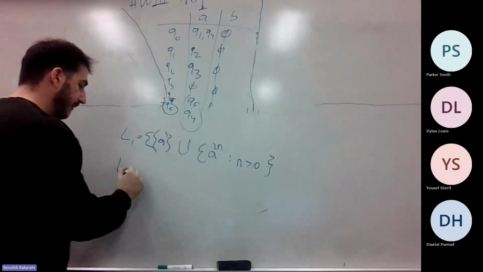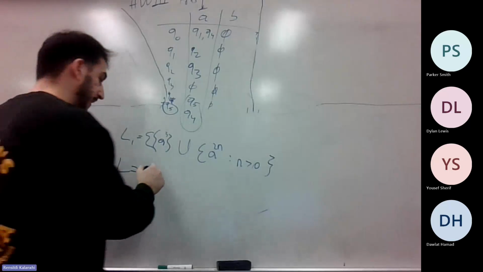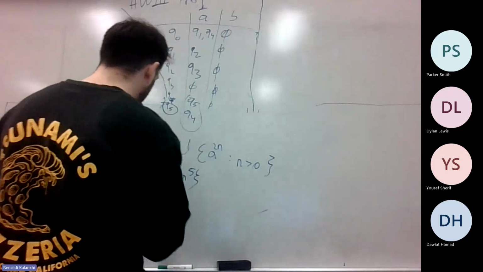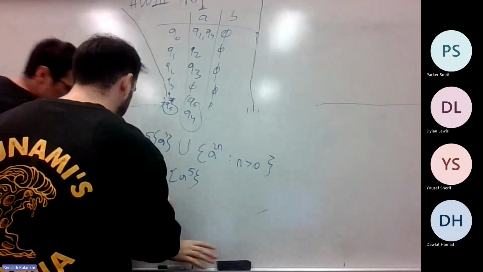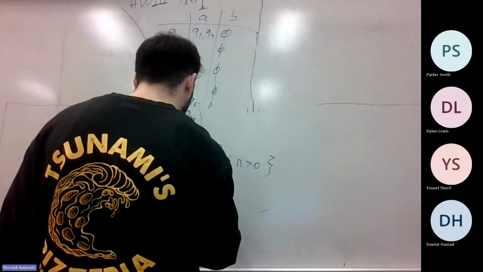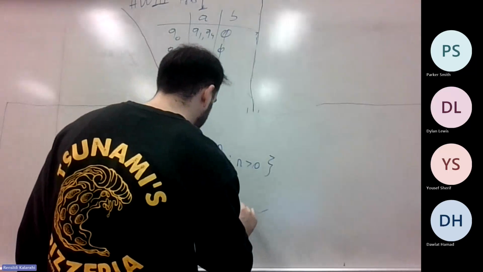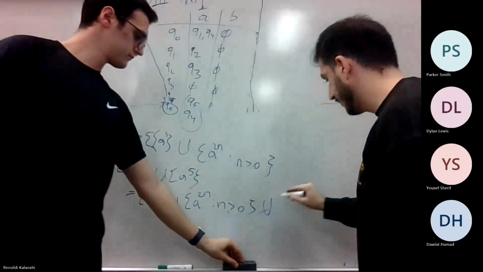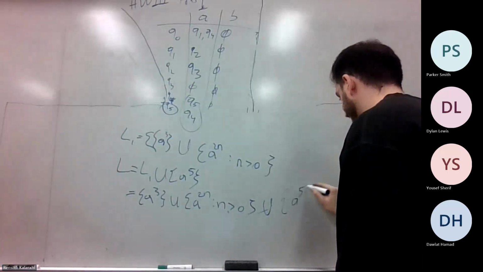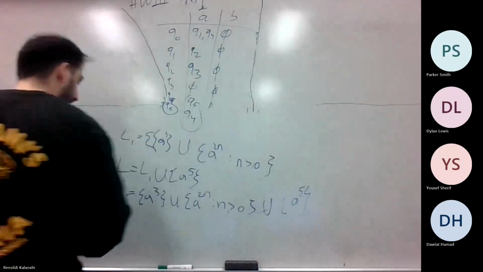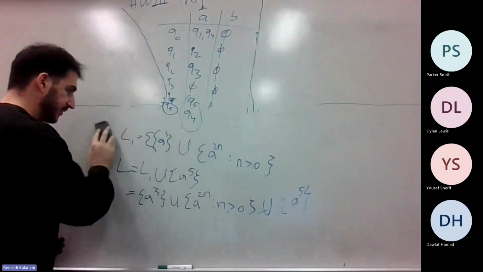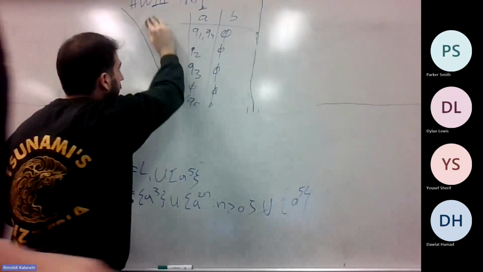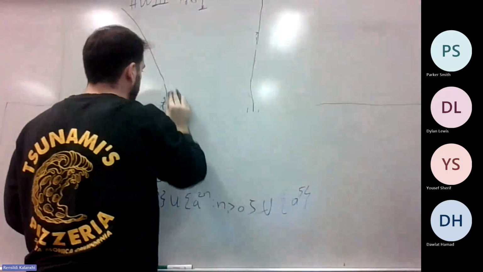Now we can construct L, where L is L1 union A5, which equals A3 union A2N, where N is bigger than 0, union A5. I'll remove this and just leave the language on top.